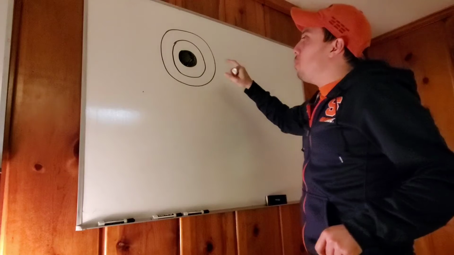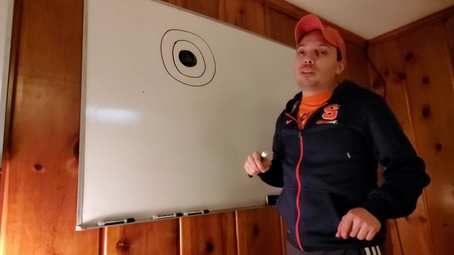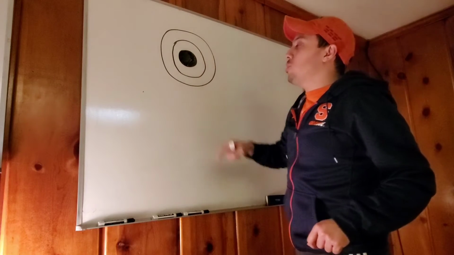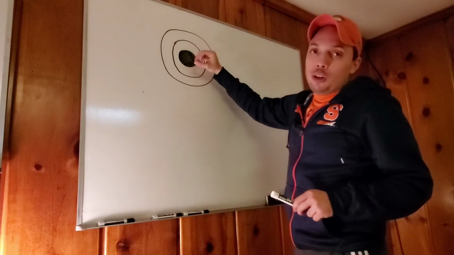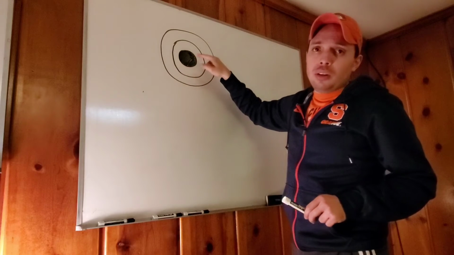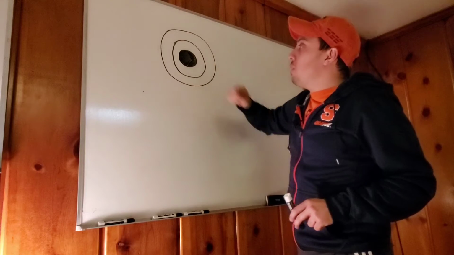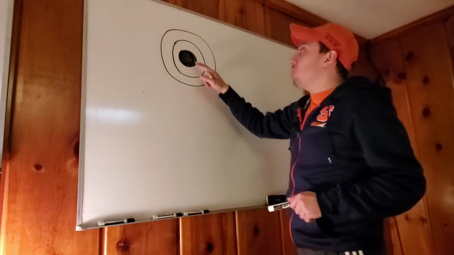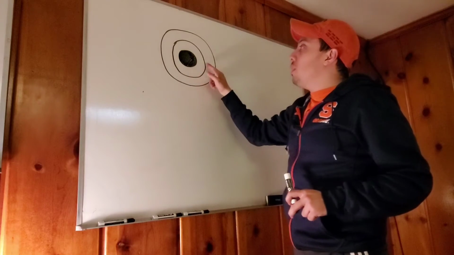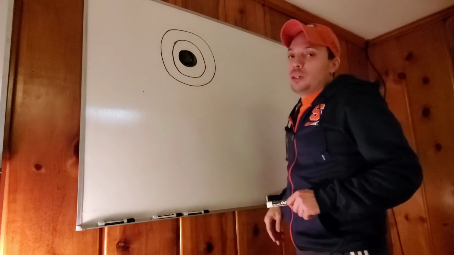And now what we're going to see is if you're going to hit the bullseye, which is right here in the center. Let's say that the radius of the first circle is 1, and then the radius of the second one is 2, and then the radius of the third one is 3.